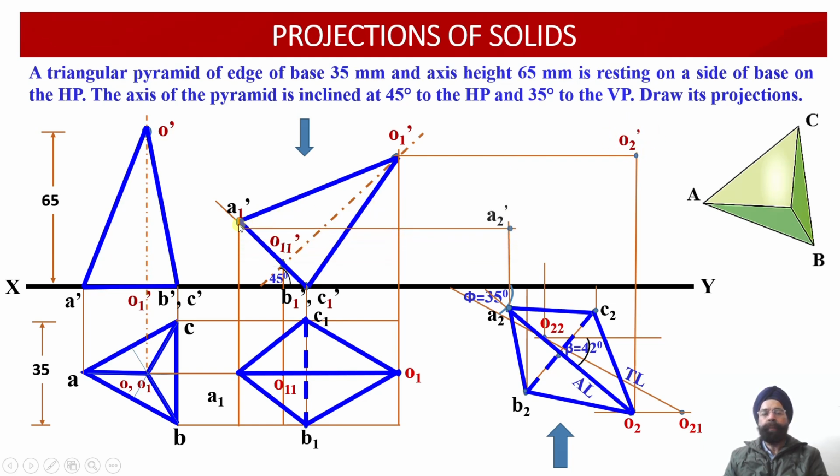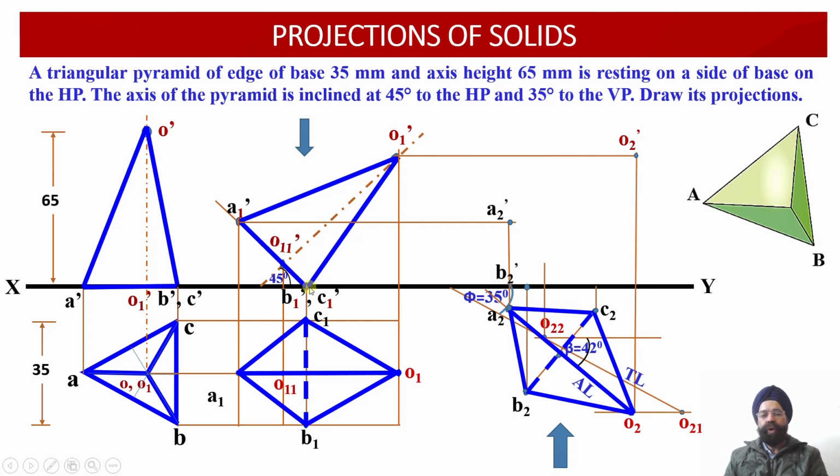Next, we have point A1 dash in the elevation. From A1 dash we have drawn a horizontal projector line. Wherever it intersects the vertical projector drawn through the point A2, this point of intersection gives us the location of the point A2 dash in the front view.